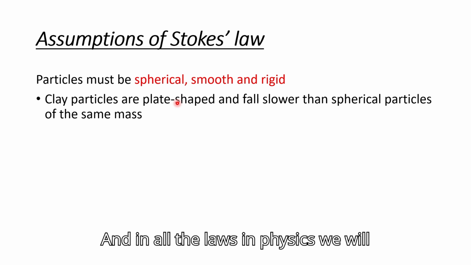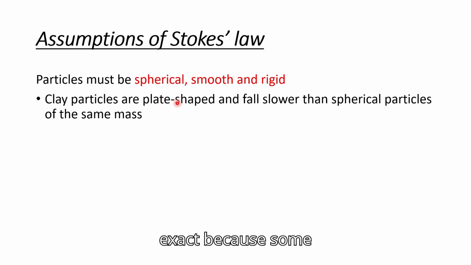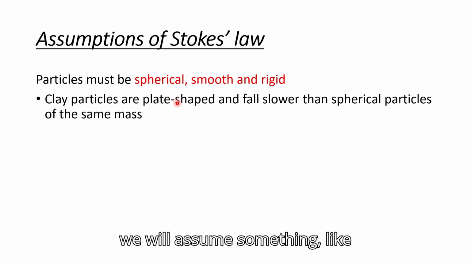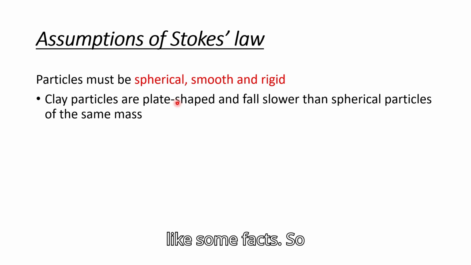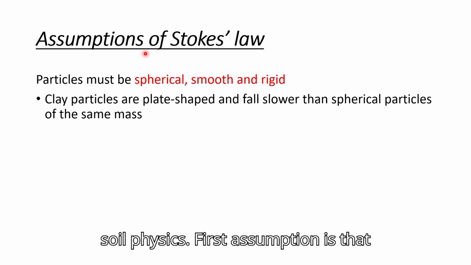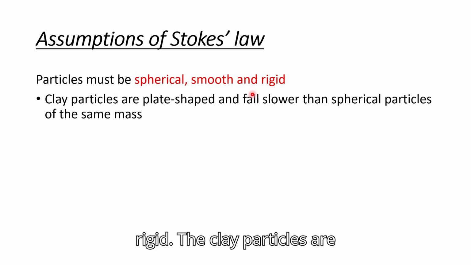In all the laws in physics, we assume something. All the laws are not exact because something will not follow the law. So we assume some facts. This Stokes' law also has assumptions because it is related to soil physics. The first assumption is that particles must be spherical, smooth, and rigid.